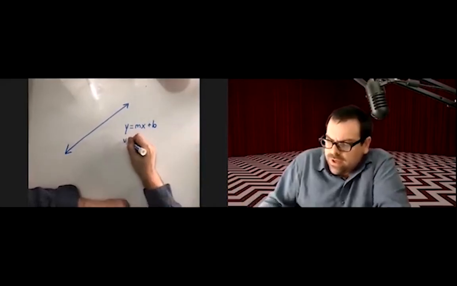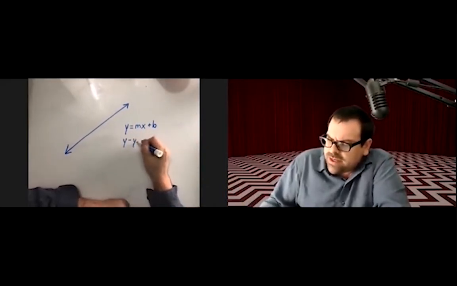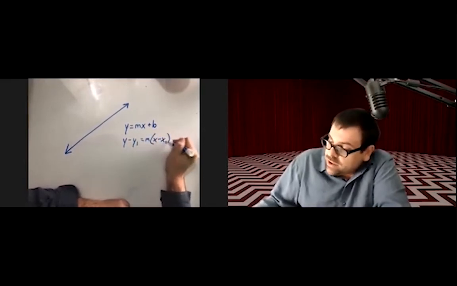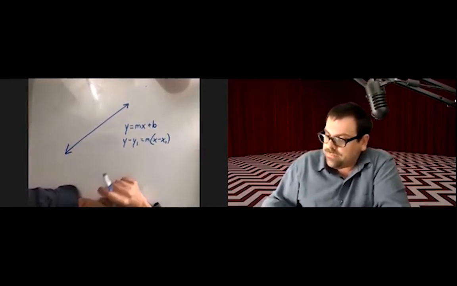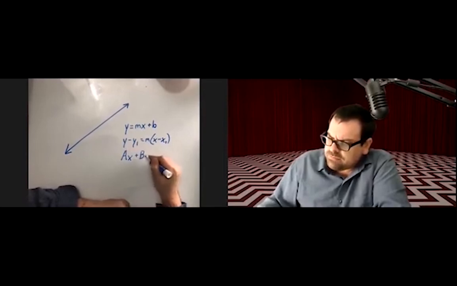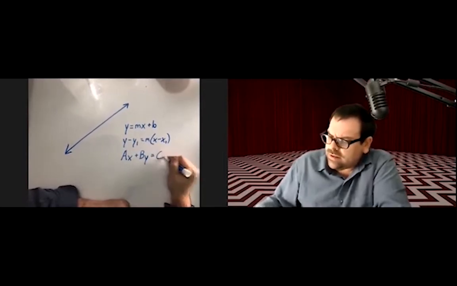Or we had some other forms, y minus y1 equals m times x minus x1, ax plus by equals c.